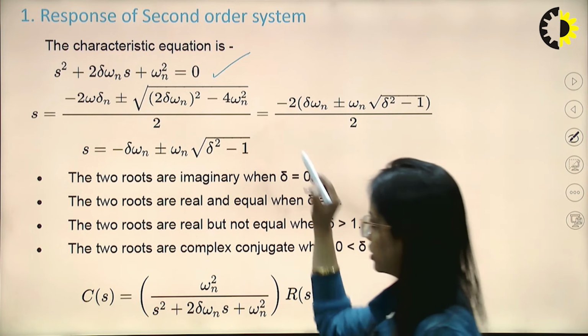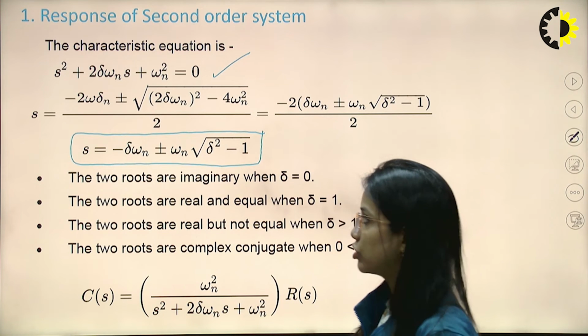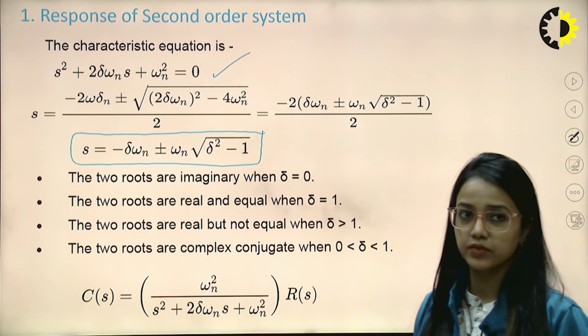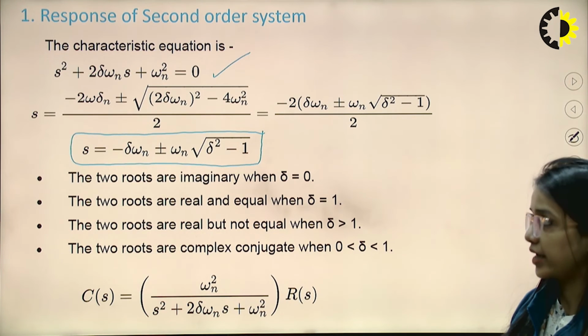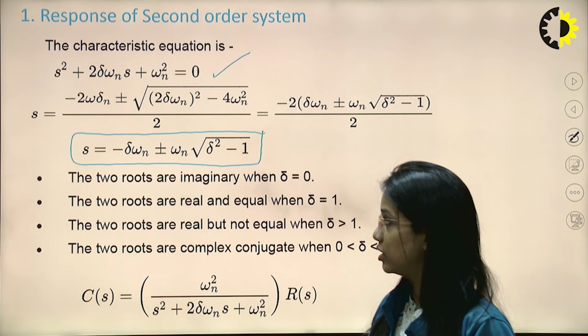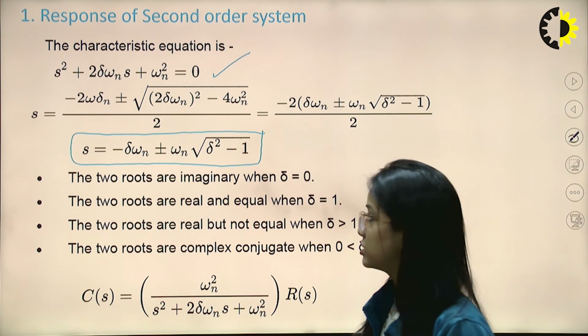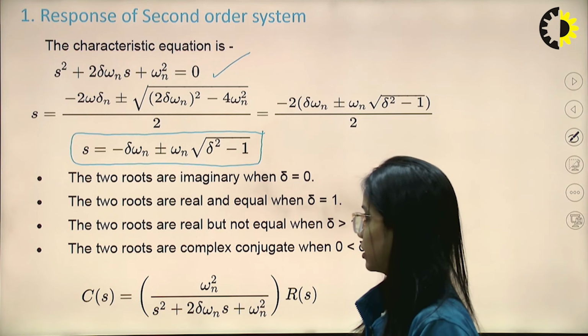So this is what we call the roots of the characteristic equation, that is s is equal to minus zeta omega n plus minus omega n root over zeta square minus 1.